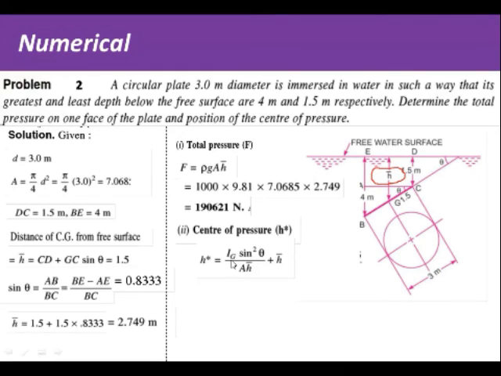Then Ig. Okay, so Ig is nothing but the moment of inertia about center of gravity G. Okay, so we know the formula for circular cross section. So everyone calculate the value of Ig. So it is pi by 64 into d to the power 4.